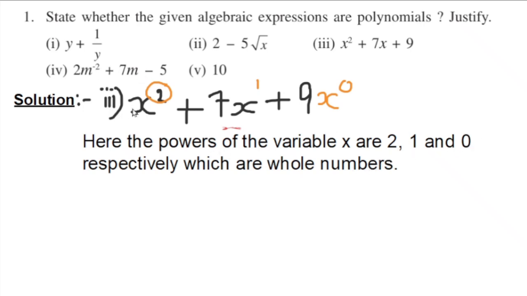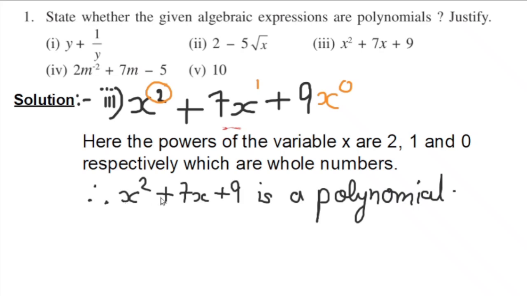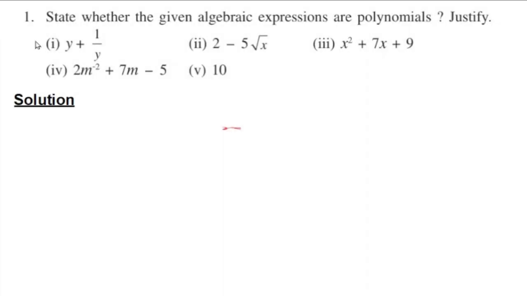Therefore this expression is a polynomial. So the final step is: therefore x square plus 7x plus 9 is a polynomial. This is how you have to solve this example. Now the fourth one and the fifth one are for you to solve.